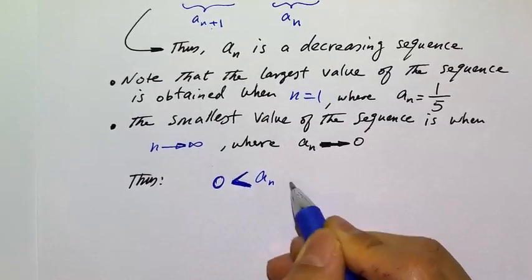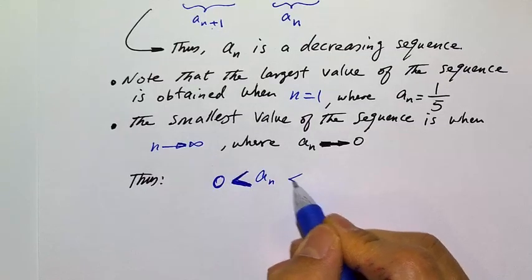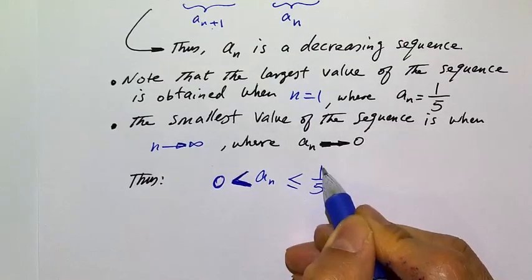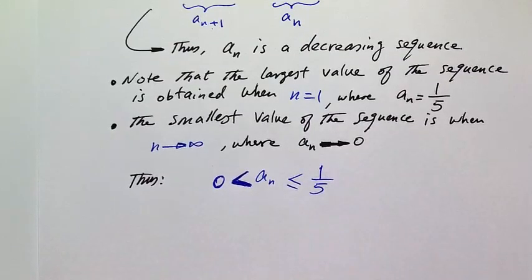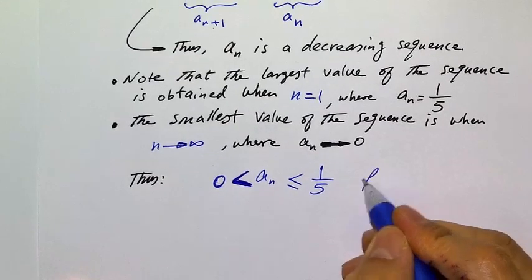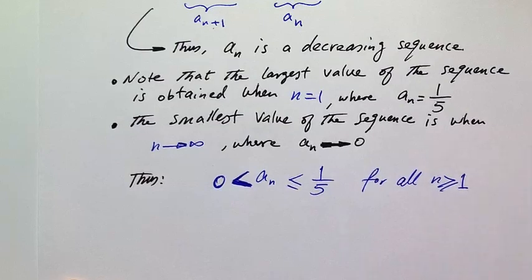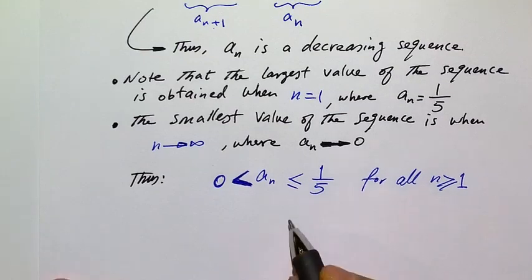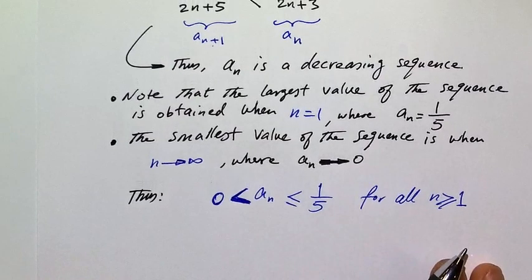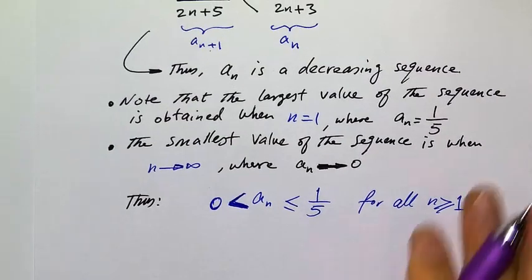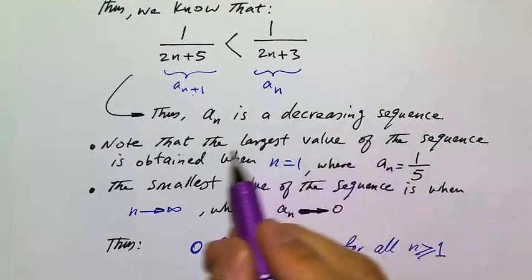So a sub n is greater than 0 and less than or equal to 1 over 5, for all n greater than or equal to 1. So the sequence is also bounded. So this is to answer the original question that they asked us.